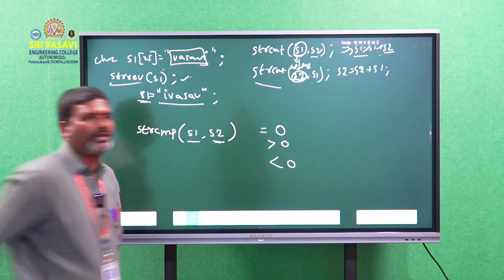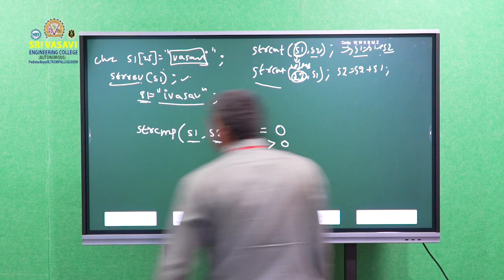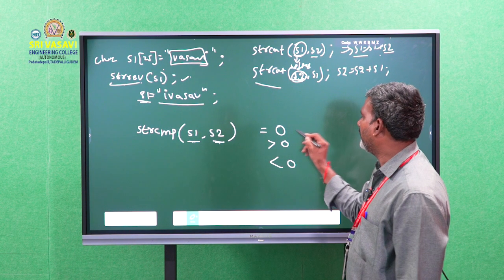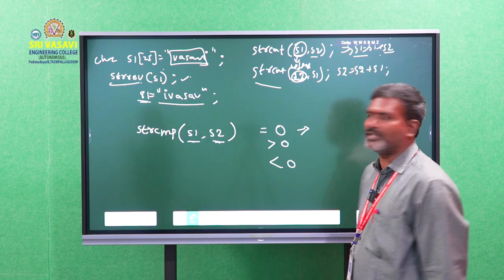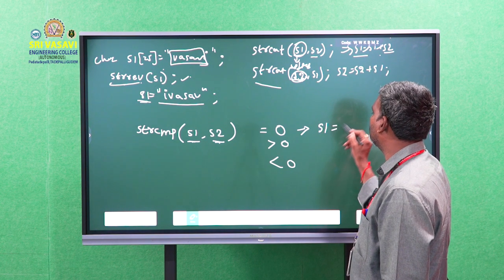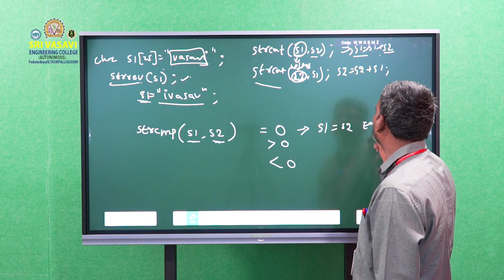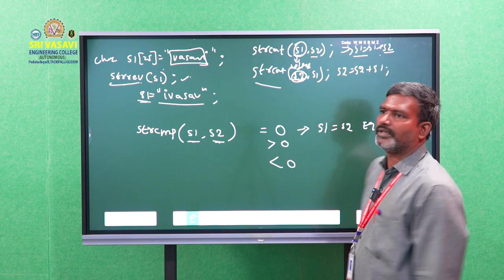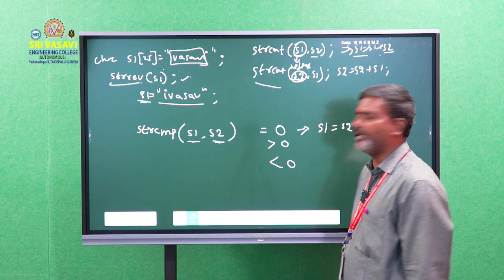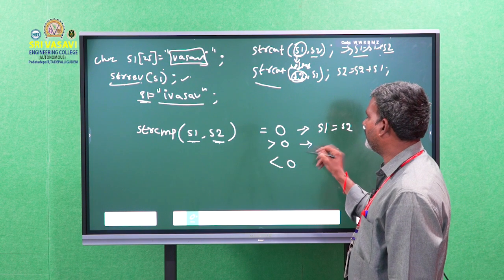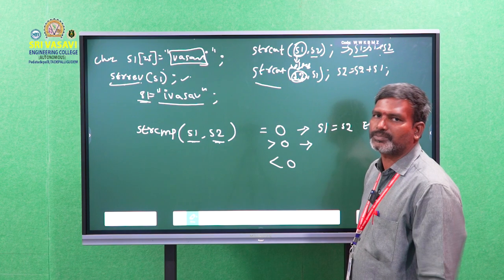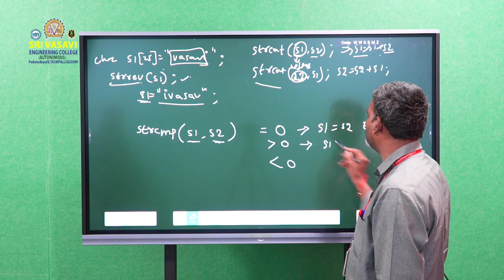When strcmp returns 0, s1 and s2 are equal. It returns a positive value if s1 is greater than s2.